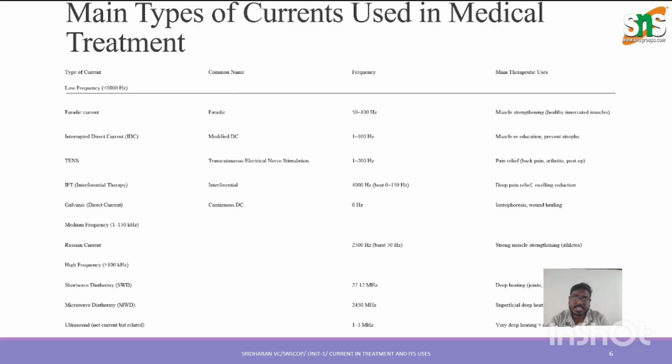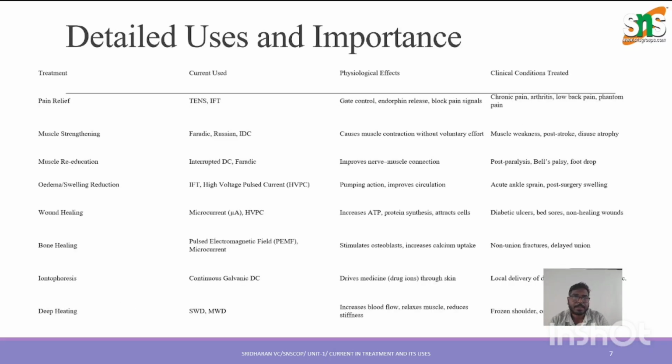And the high frequency currents are those higher than 100 kilohertz, mainly used in deep heating modalities such as shortwave diathermy, microwave diathermy, and also ultrasound. These modalities are used for deep heating of treatment areas such as joints and muscles, and they also help in superficial heating, very deep heating, and also give the effect of micro massaging.